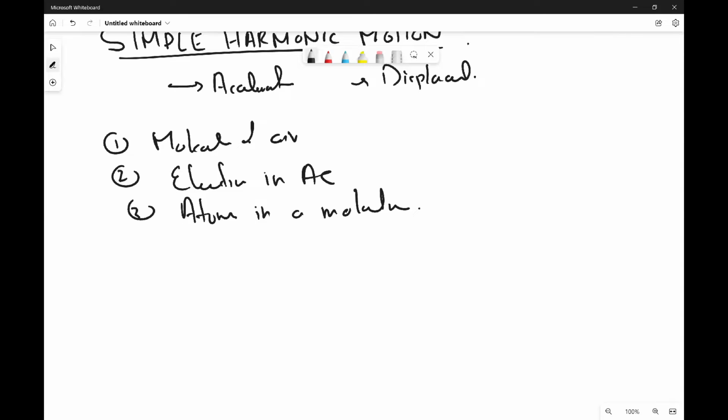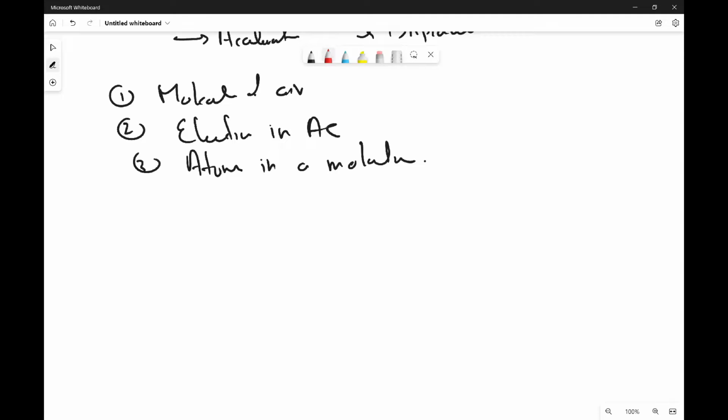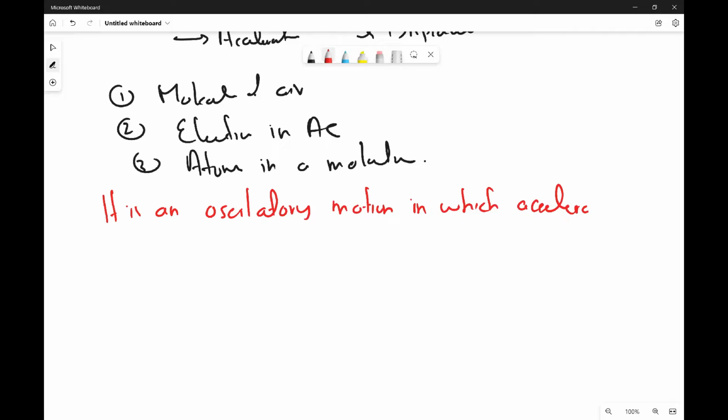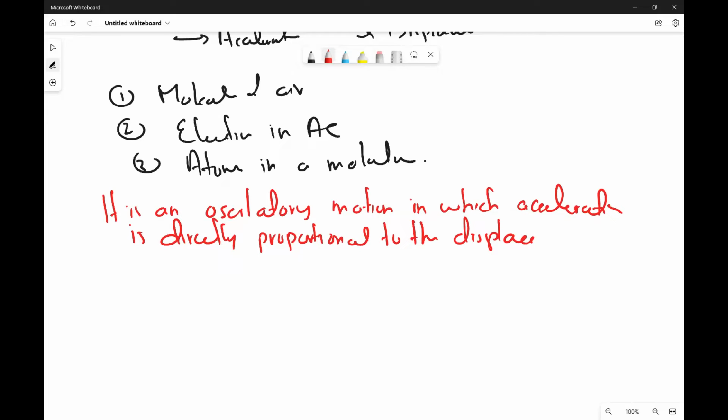I'm writing down the exact definition as well, so you can note it down. It is an oscillatory motion in which acceleration is directly proportional to the displacement from a fixed position.